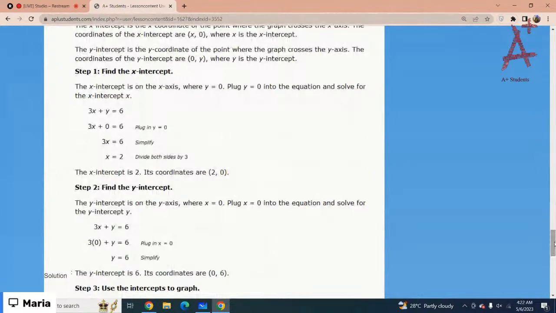That means x equals 2. Then for the y-intercept, just put x equals 0, and it would be y equals 6.